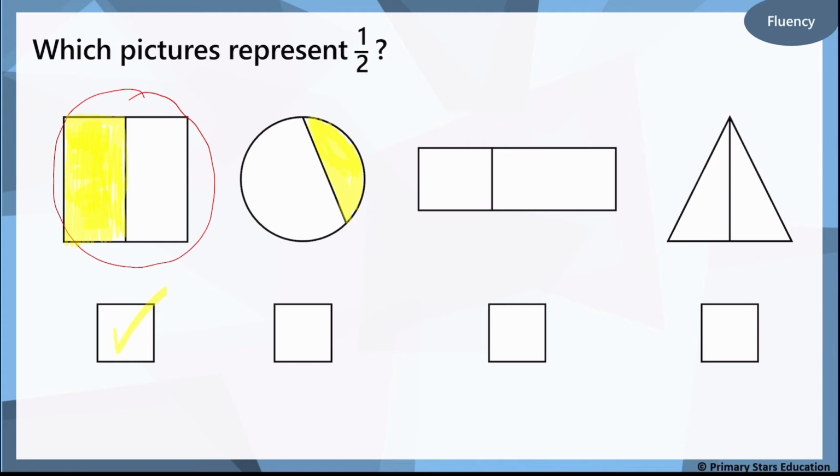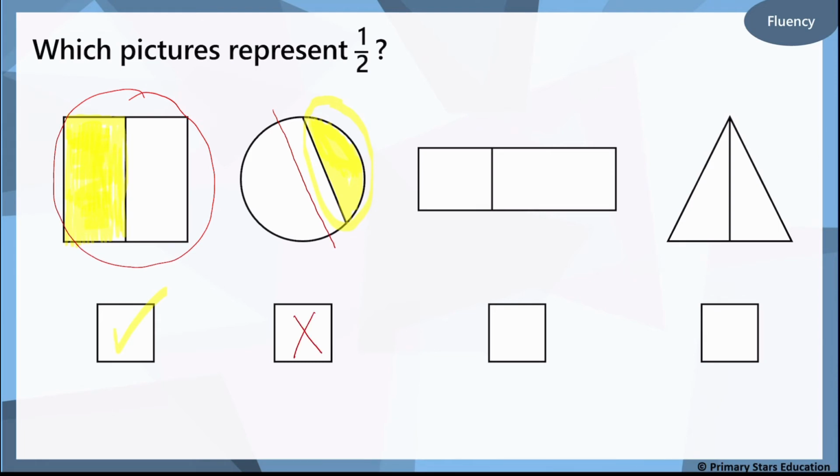Why does it not show half? Well done. This part of the circle is much smaller and is not equal. So to be half, they have to be equal. So we'd have to cut our circle about here to be half. So that is not half.